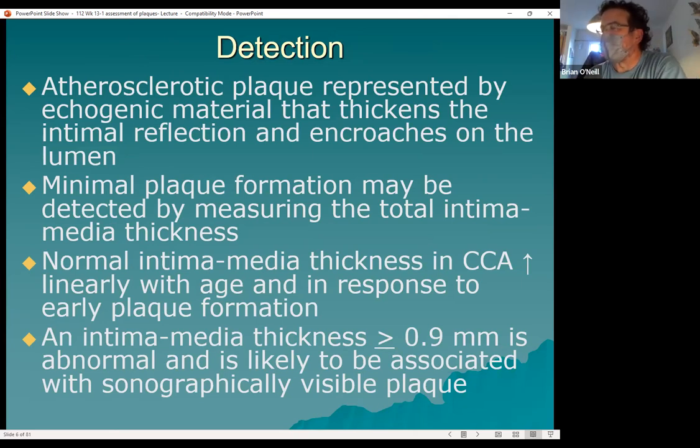When you say you put the color on it, what do we see? So if I had a vessel where I could see the plaque here, and there's some hypoechoic plaque just above it, but there was a layer of hypoechoic plaque that I couldn't visualize very well, I might think the plaque is only this area here.